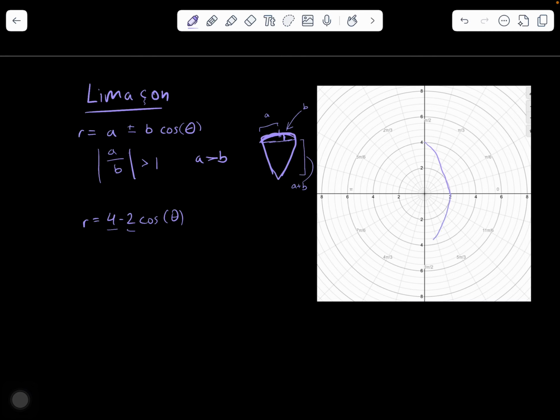And we'll repeat that on the other side like this. And then again, we want a center length, which is A plus B, which is going to be 6, and we'll just connect the 2 out like that. So here's our final graph of 4 minus 2 cosine theta.